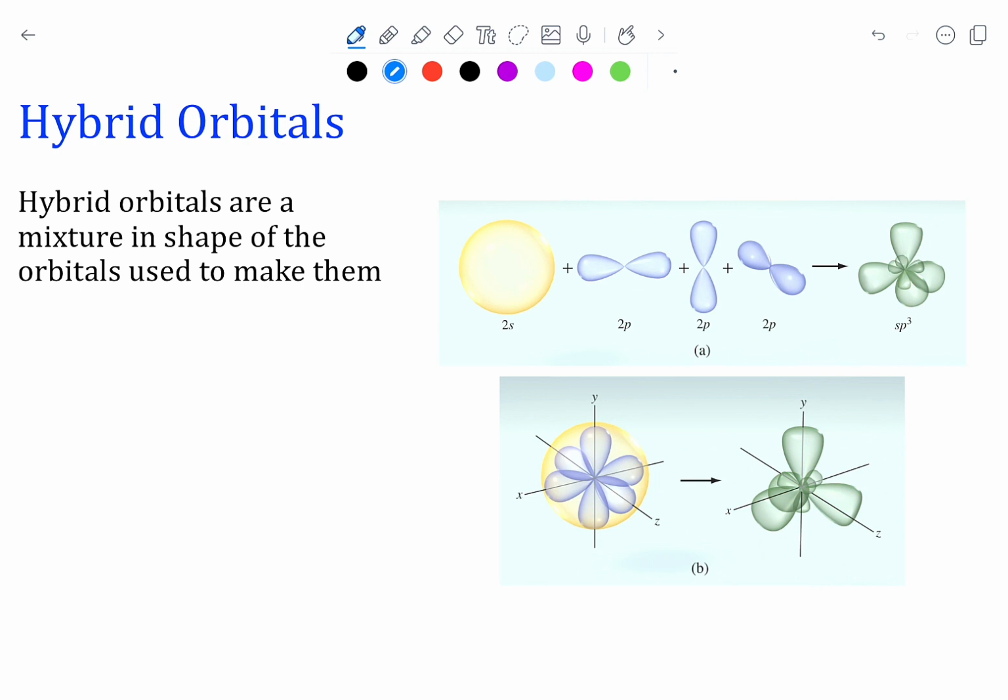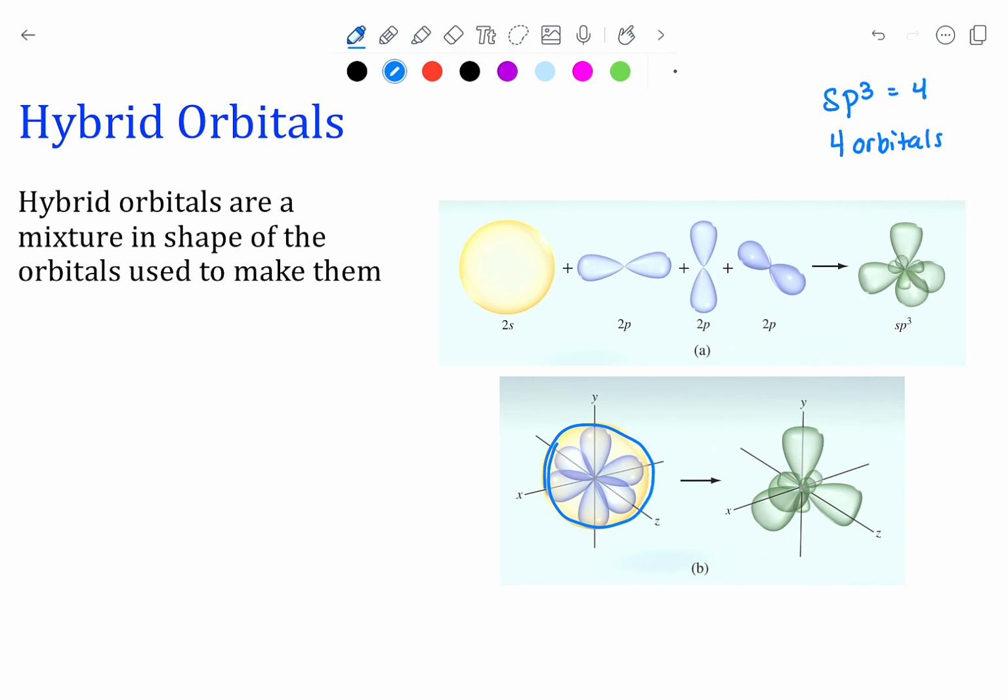We know we're going to make 4 orbitals overall, because sp3, 1 plus 3 is 4. We're going to add up our superscripts there. We're taking an s orbital and our 3 p orbitals here, and essentially we're overlapping them and they're making a hybrid orbital. They're mixing together in different ways.